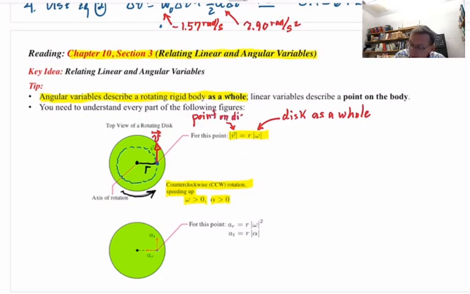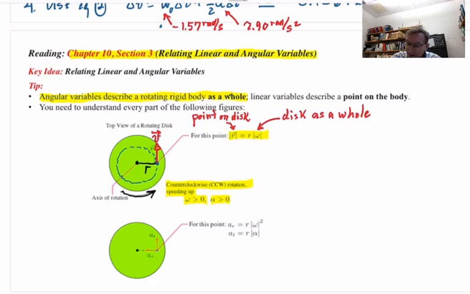So we're relating a linear kinematic quantity to a rotational or angular kinematic quantity. And we'll use that formula a lot. Magnitude of v for a point on a rotating body equals the radius of its circular motion times the magnitude of the angular velocity for the whole object.